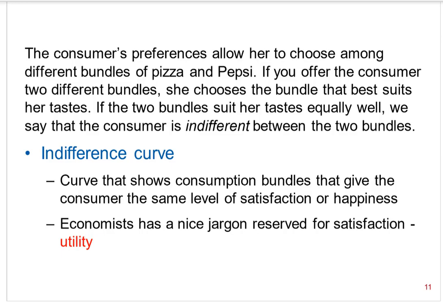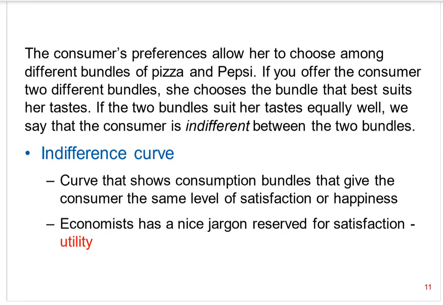Let's say, with an example, that 10 pizzas and two cans of Pepsi give me 10 utils, and then 3 Pepsis and 5 pizzas would also give me exactly the same 10 utils, and also 1 pizza and 10 cans of Pepsi give me exactly the same utils.